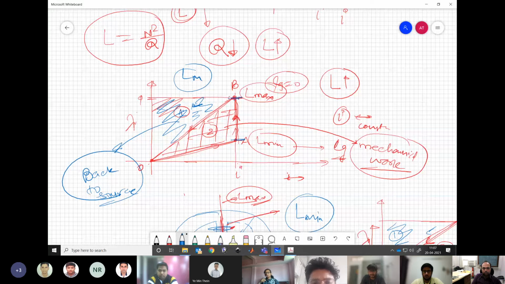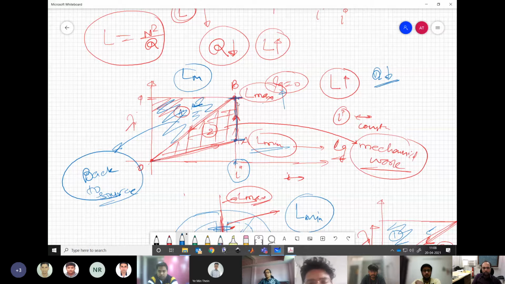It is moving between the 2 points, and what we understood is that if we take the current to a certain value while the inductance is at the minimum value, and we allow it to move, then our flux linkage will increase for the same current because our inductance is increasing. Our reluctance is reducing. It's going towards the low reluctance path, and then it will be able to come to the maximum inductance position.